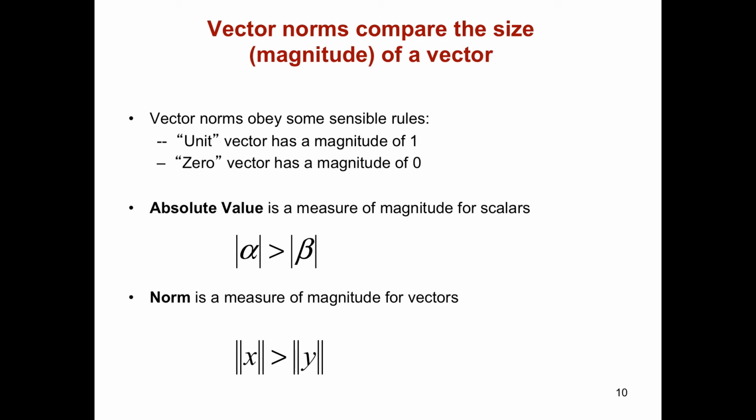But all of the norms have to obey some sensible rules. If I have a unit vector, it will have magnitude 1. And if I have a zero vector that has all zeros, no matter which norm, the norm should be 0.